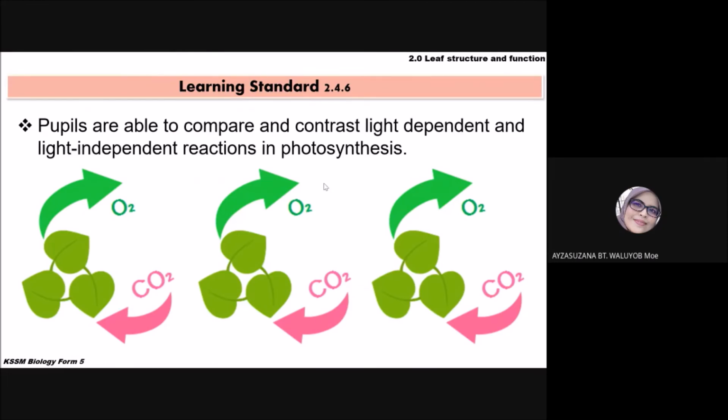Now, we are going to the next subtopic. After you know the mechanism of the photosynthesis, and you know the equation of the photosynthesis, now you learn the comparison between the light dependent and light independent reaction in the photosynthesis. You also can refer to your textbook, page 45.